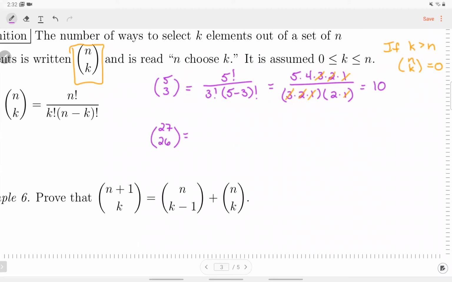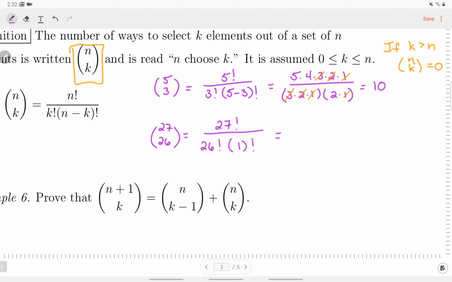Let's see what we get. So I have 27 factorial over 26 factorial times 27 minus 26, which is just 1 factorial.